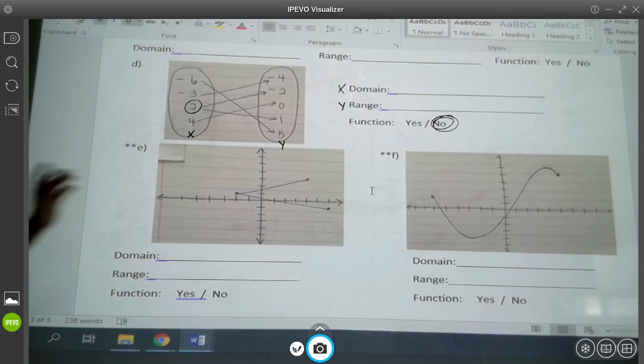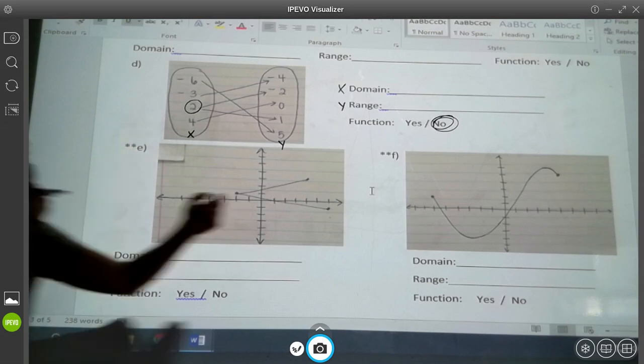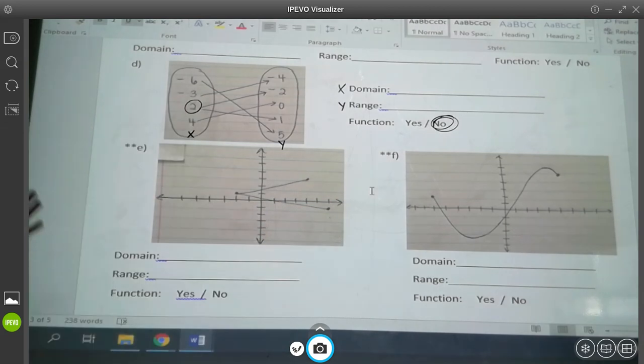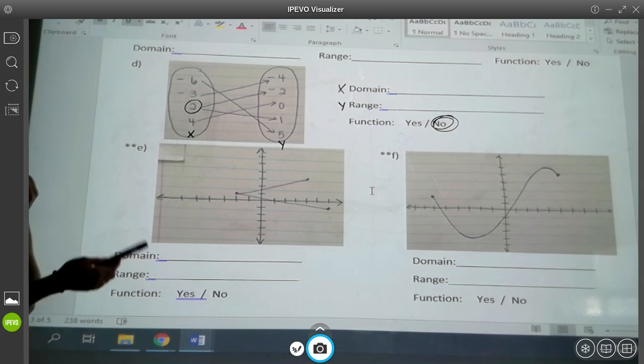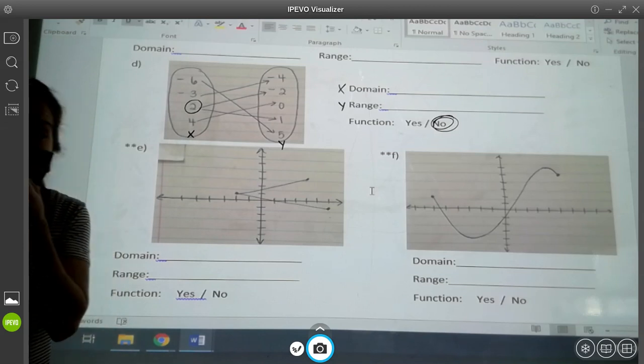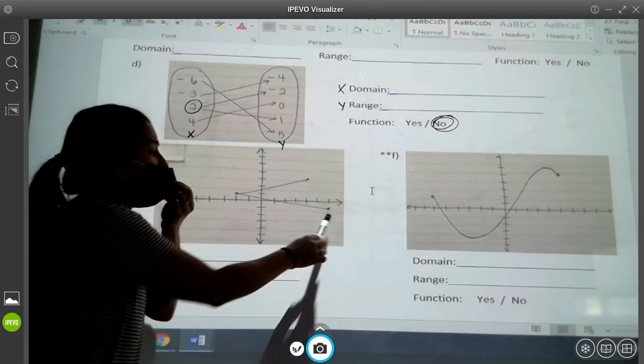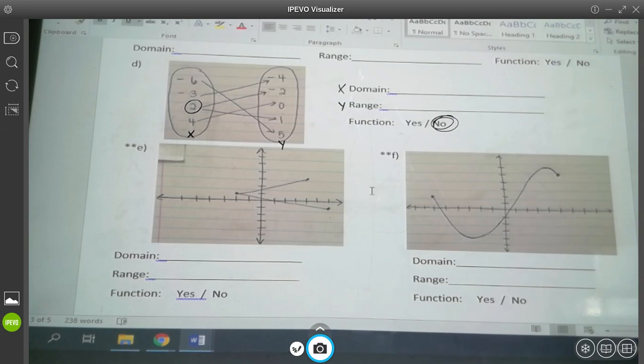All right, I put an asterisk next to example E and example F, because you guys have to treat these ones a little bit differently. They're still asking the same questions. What's the domain? What's the range? And is it a function? The problem is, guys, on all of the graphs that we've seen so far, the dots have not been connected. When the dots aren't connected, those just specific dots make up the relation.